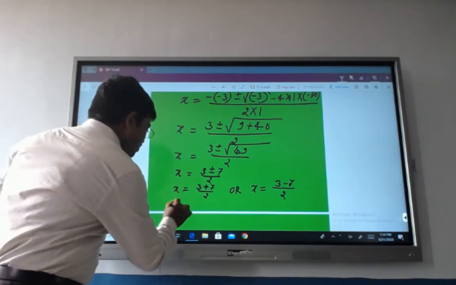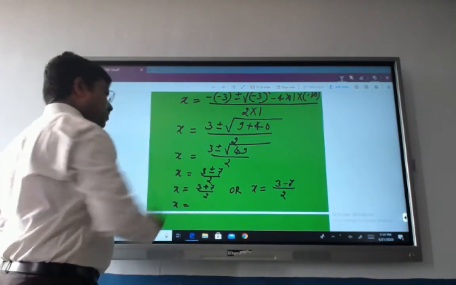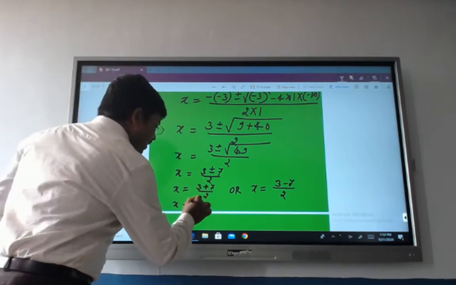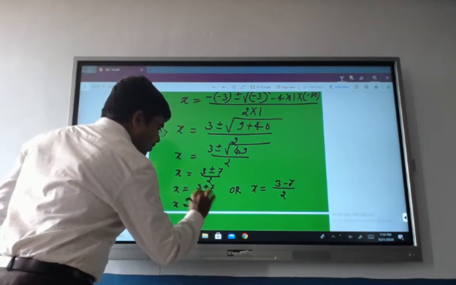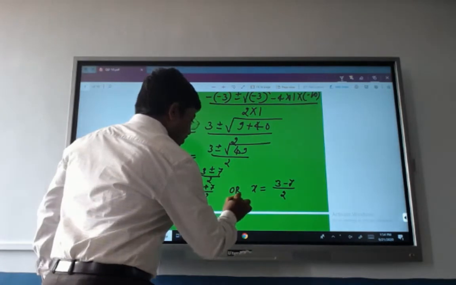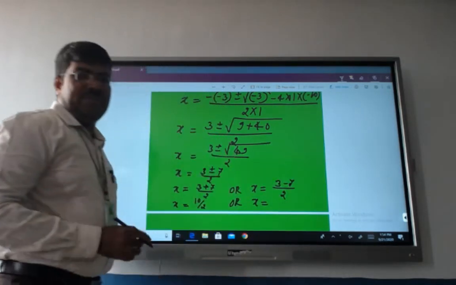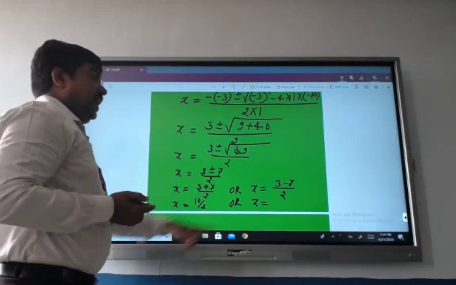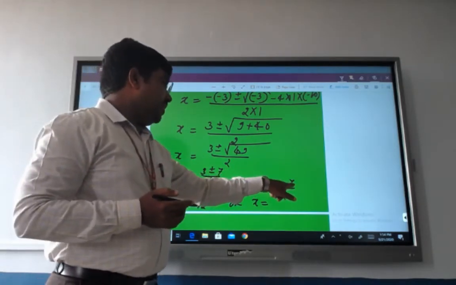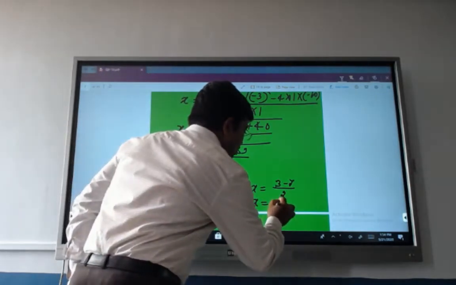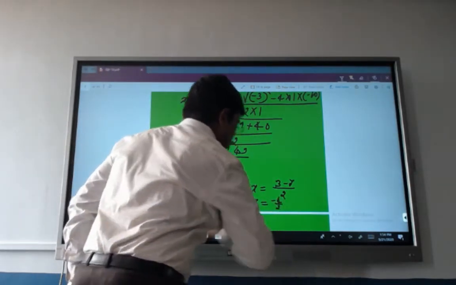Now we will get that solution. X is equal to 3 plus 7, 10, 10 divided by 2 we will take. Or one more, that is x is equal to 3 minus 7. So minus 7 means here, in the bigger we are going to subtract, we will get minus 4 whole divided by 2.